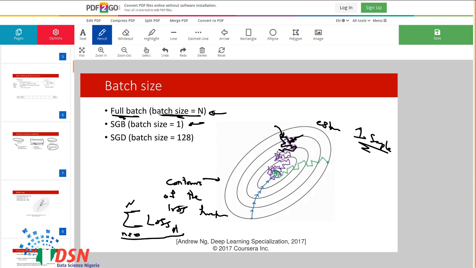But the good news is that we have proofs of convergence, so in this case we also have convergence for stochastic gradient descent. And between them, for example for 128, we have something between these two. As you can see here, we have some jittering, but it is not as smooth as this one.